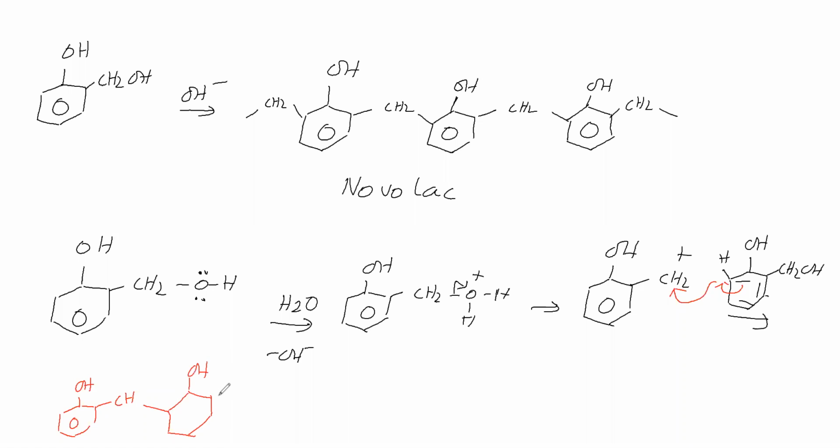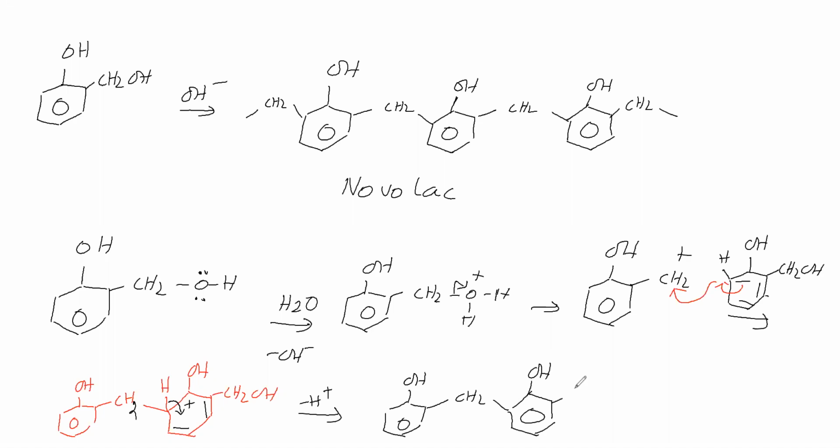Here positive charge. Then this bond is coming to this place, H plus is leaving. Therefore, we will get this OH, this phenyl ring, here CH2, here the ring, here OH, here CH2OH.